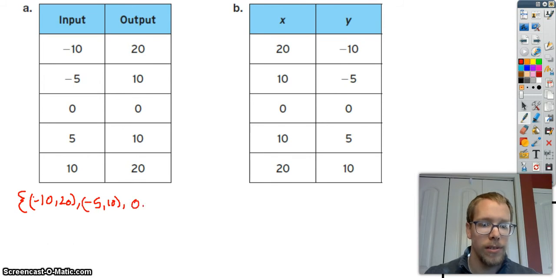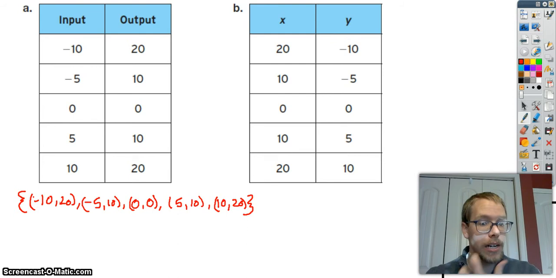We have 0 and 0. 5, 10. And then we have 10, 20. So make sure you're using correct notation. Notice I'm using the curly braces here to denote a set. And notice I'm writing my ordered pairs with parentheses and commas.